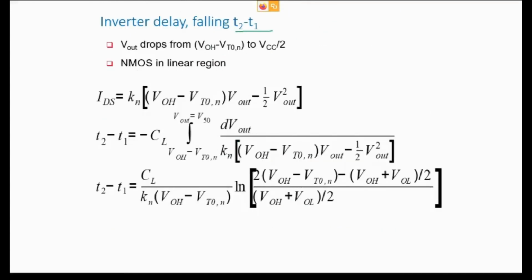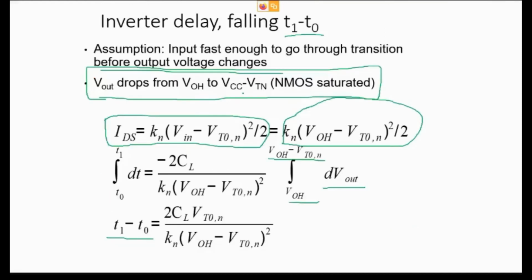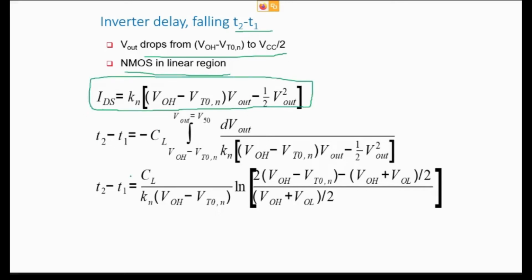Now, for T2 minus T1, your output falls from VCC minus VTN to V50%, or VCC by 2. So you do this calculation from here, your device is in linear region. So you substitute the equation for NMOS in linear region and you do the calculation.